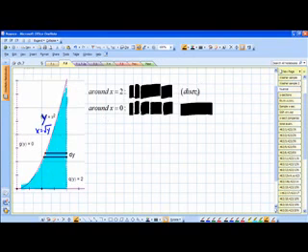So it's a dy, and it's disks, so there's my dy, there's my pi. Y is going from 0 up to 4, because 2 squared is 4, and this is a distance of x, this is a distance of 2, so this will be 2 minus x, and so this radius is 2 minus x and you square it.